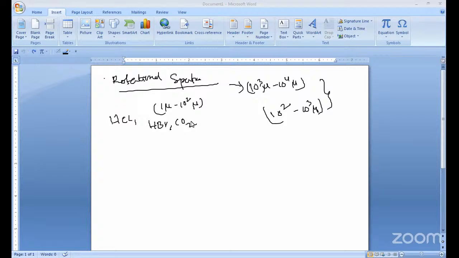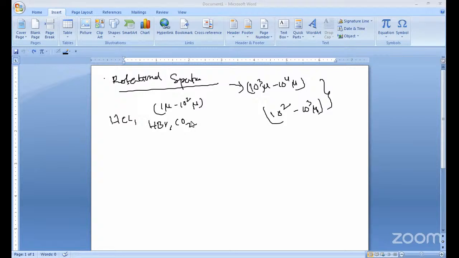In the case of the rotational spectra, we have treated the molecule as a rigid rotator, where we got the frequency of radiation as nu equals h by 4 pi I into j plus 1. We have also seen the allowed energy levels in the rotational spectra, for j equals 0 to j equals 4. That is about rotational spectra.